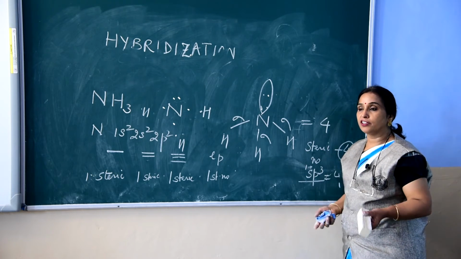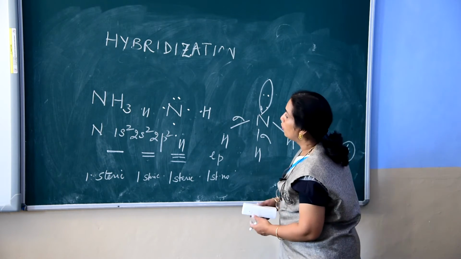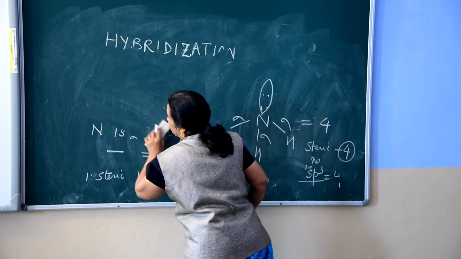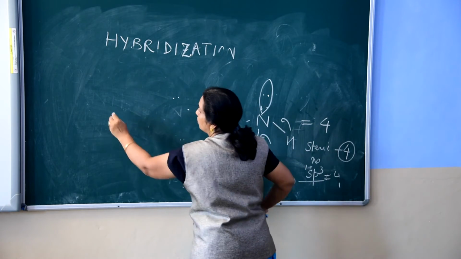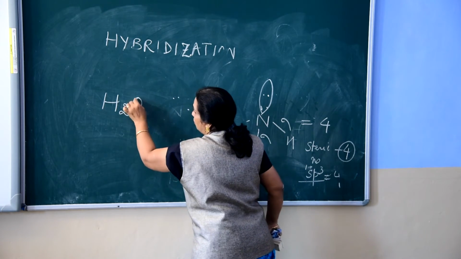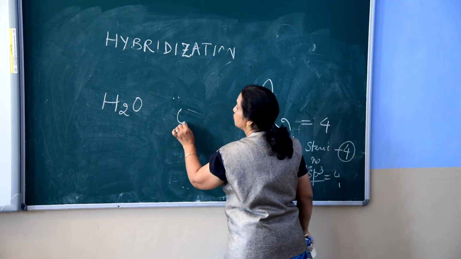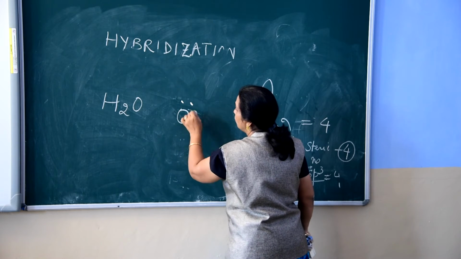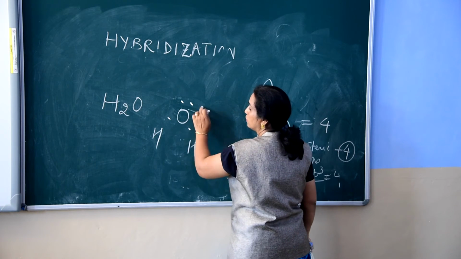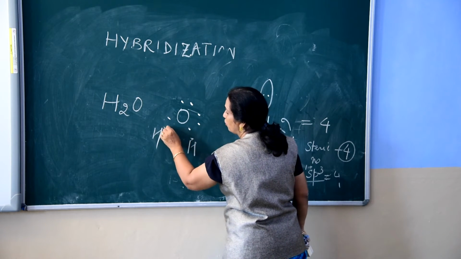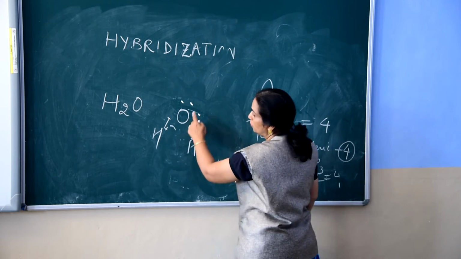Similarly, let us show the hybridization for water, looking at the molecule of water, H2O. When we write the electron dot structure of the central atom oxygen, 1, 2, 3, 4, 5 and 6, one hydrogen here, one hydrogen here, it has two lone pairs, each hydrogen contributing 1 electron pair, one sigma bond here, one sigma bond here, two lone pairs.